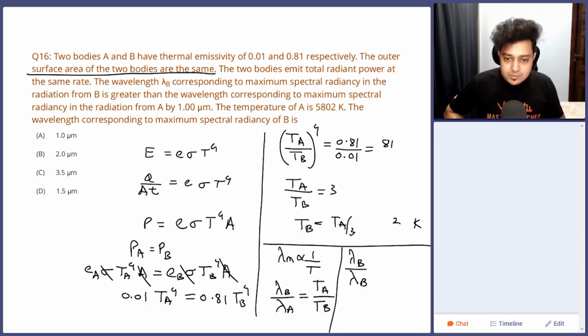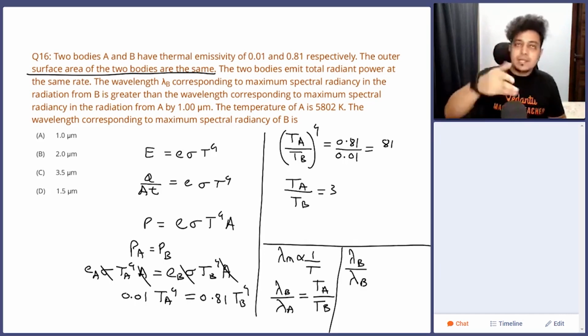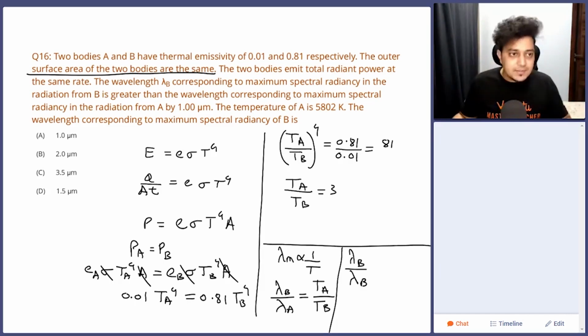We just need the ratio TA by TB, which is equal to 3.